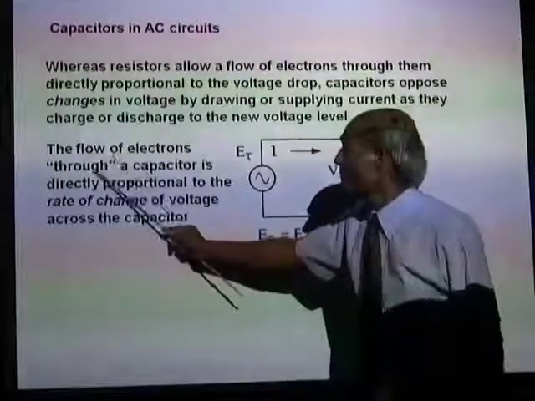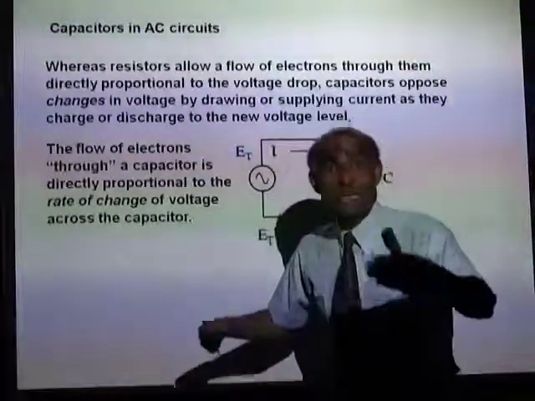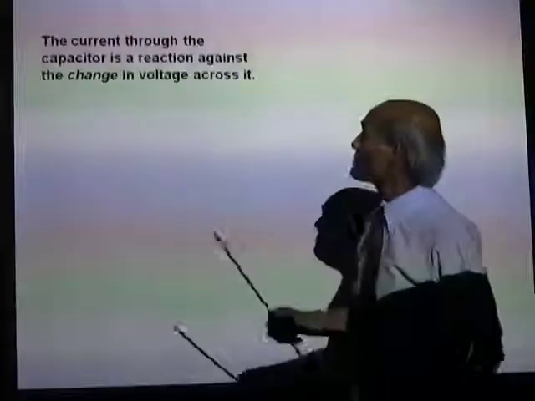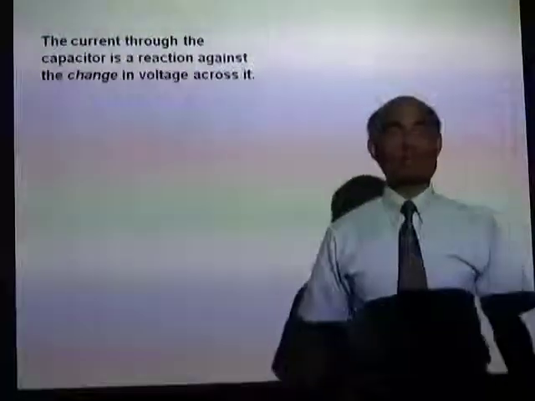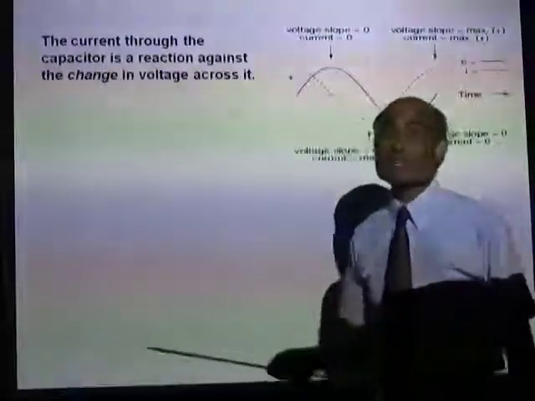So the flow of electrons through a capacitor is directly proportional to the rate of change of voltage across the capacitor. Now, the current through the capacitor is a reaction against the change in voltage. Only a change in voltage will produce a current in the capacitor.